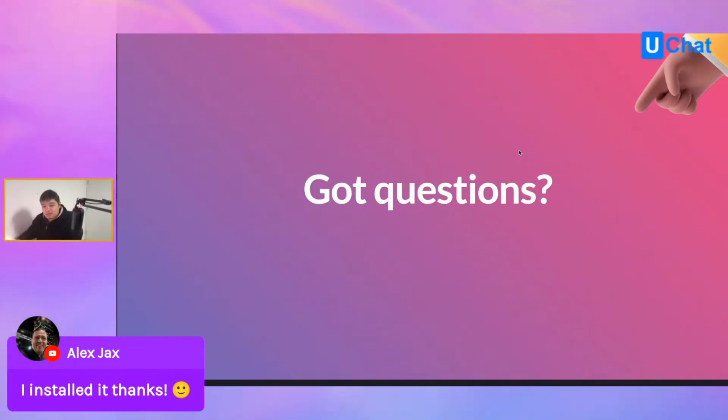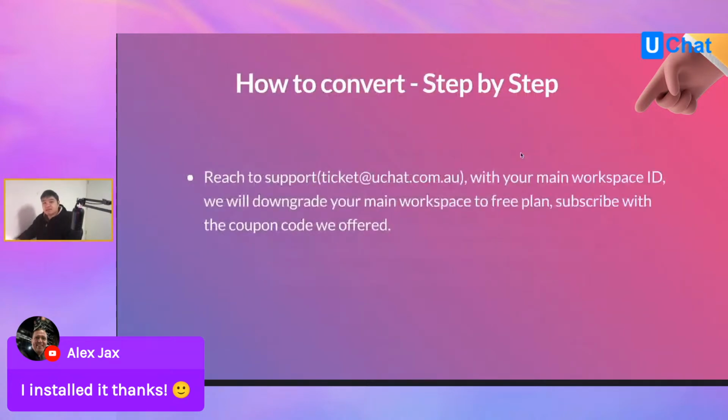The email is ticket@uchat.com.au. Just send your main workspace ID to our ticket email. First, we will downgrade your main workspace to the free plan, and then we will give you a coupon code so that you can use it to subscribe to our partner plan.